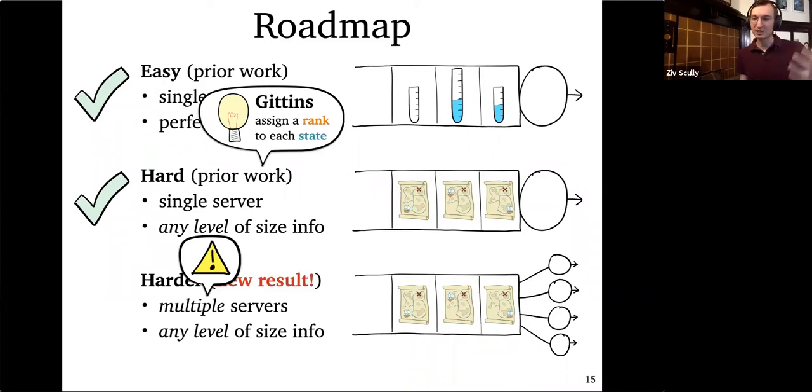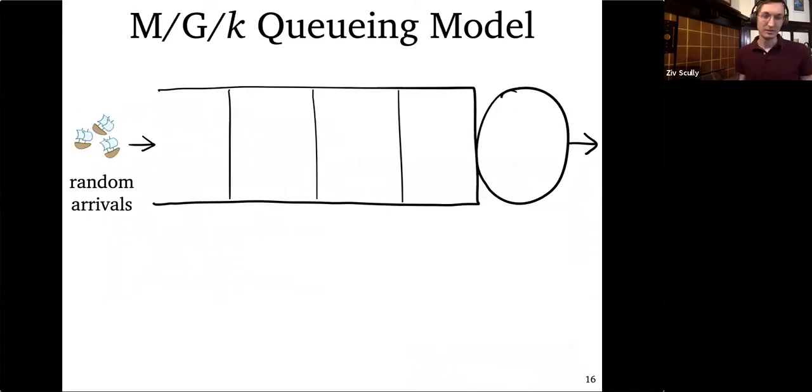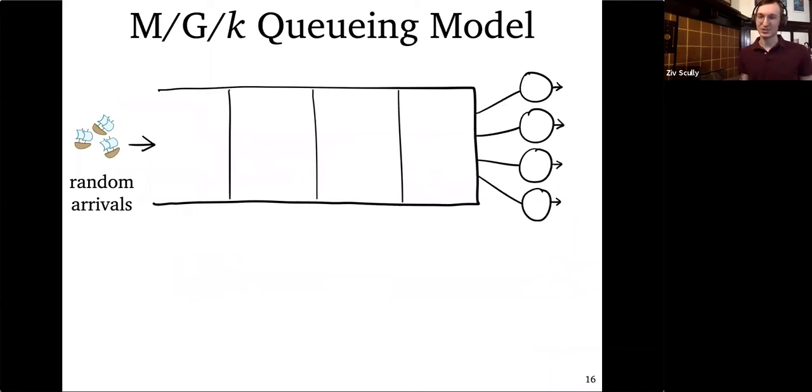Everything so far has been about a single server M/G/1 queue. Our multi-server model is going to be the same thing, but with k servers instead of just one, where k is some integer. This is called the M/G/k queue. I'm going to assume that these k servers each operate at reduced speed 1 over k.